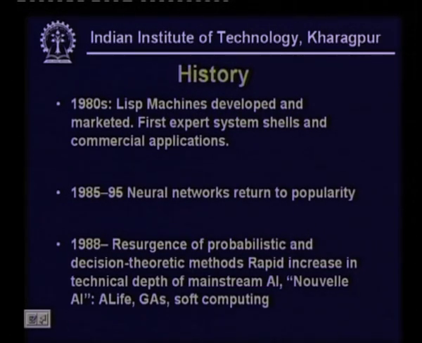In the 1980s, Lisp machines were developed and marketed. Neural networks returned to popularity during the period from 85 to 95. In 1988, there was a resurgence of probabilistic and decision theoretic methods.